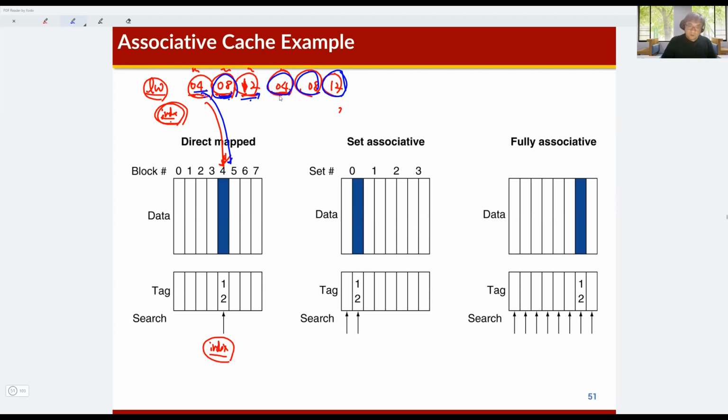Then 04 is re-referenced again, but this data is not found in the cache. Why? This block was evicted by a previous request that shares the same index number. That is the disadvantage of direct mapped cache.